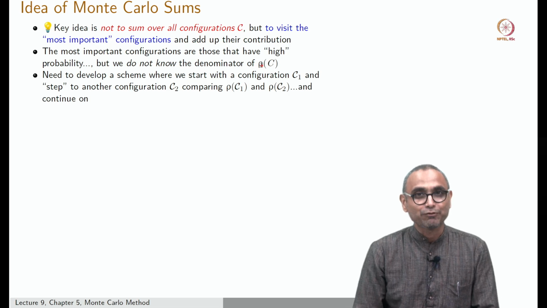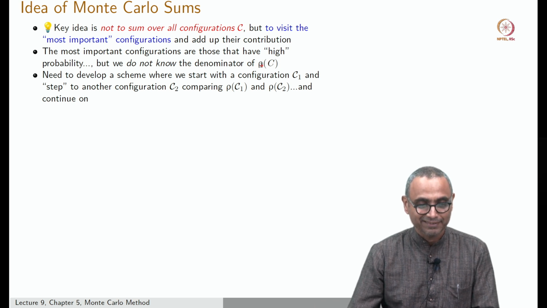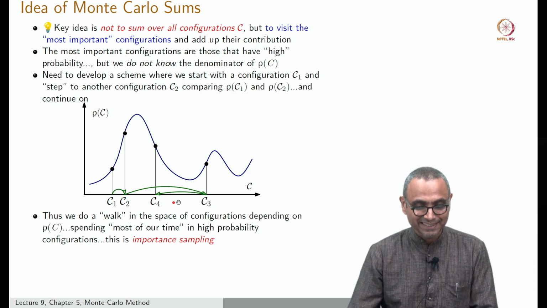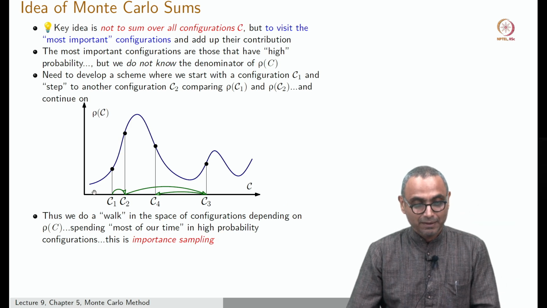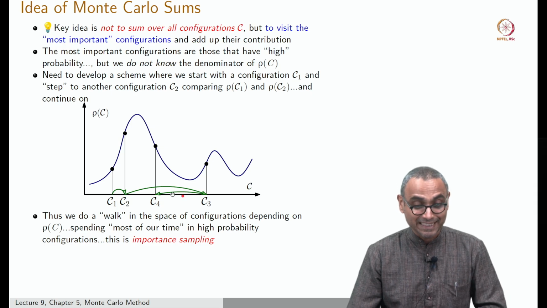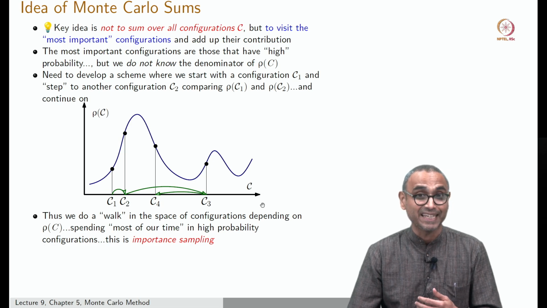So the idea of the Monte Carlo method is to start with some configuration C1, right? What I'm plotting here schematically, this axis C that I'm drawing here, is the space of configurations. Please mind that this is not any arena or anything like that. This is the space of configurations, schematically represented as a line here.